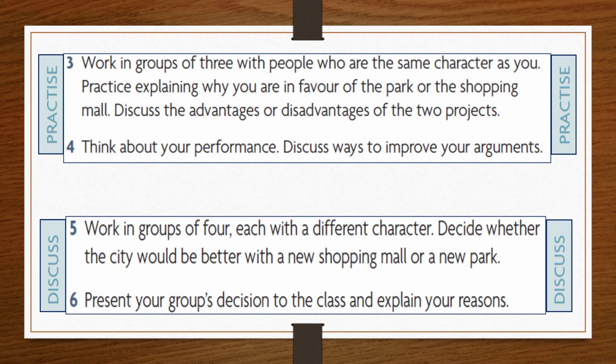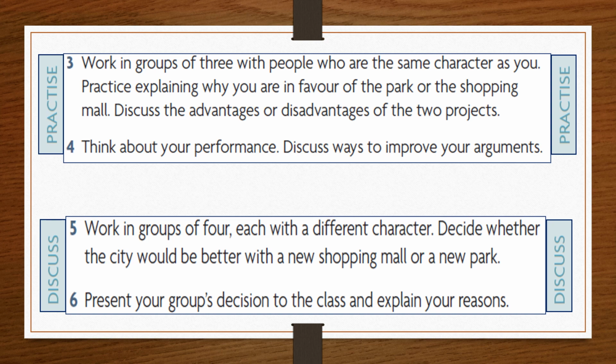the different characters will sit in front of each other. And each one is going to mention his opinion and the advantage and disadvantage of each project in light of his or her character. For example, those who are with building a park are going to mention their opinion.